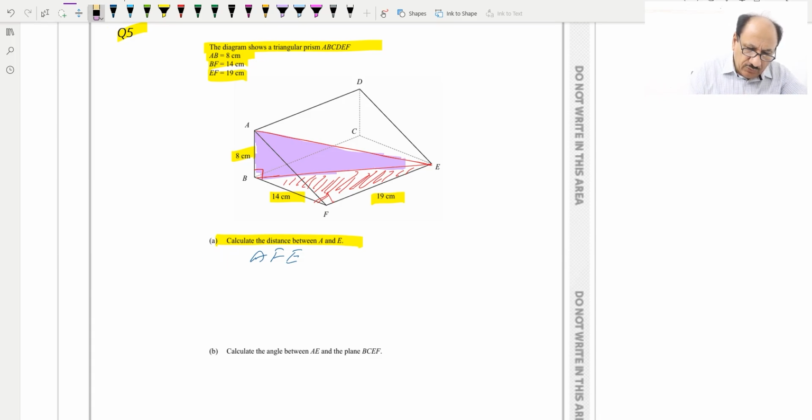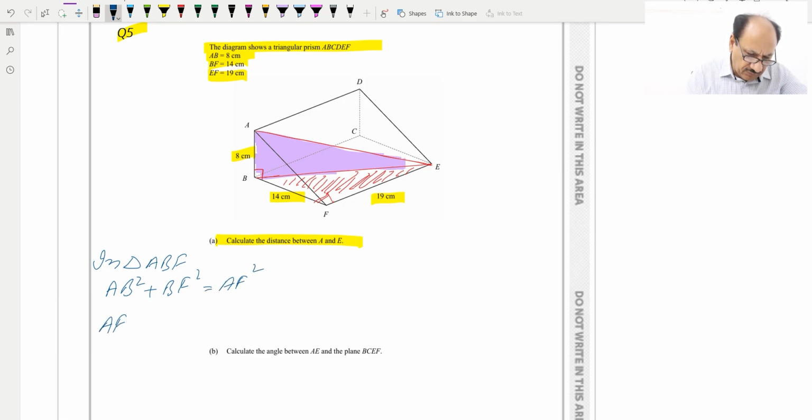We will consider the other triangle, which is ABF. So in triangle ABF, our target is to find AF. AB square plus BF square is equal to AF square.